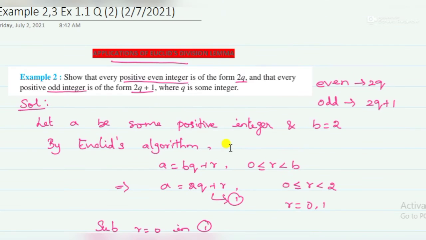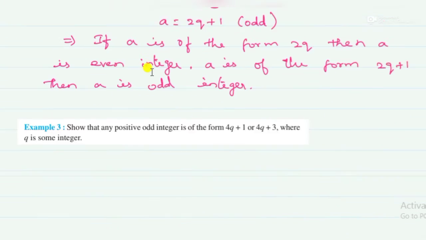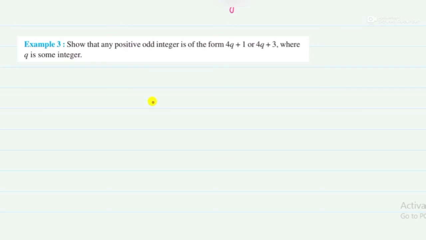So as per the question, we have shown every positive even integer is of the form 2q and every positive odd integer is of the form 2q plus 1 for some integer. So let us solve example 3. Show that any positive odd integer is of the form 4q plus 1 or 4q plus 3, where q is some integer.